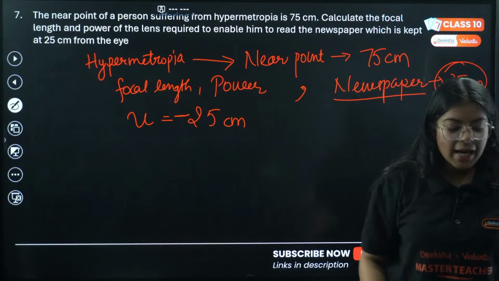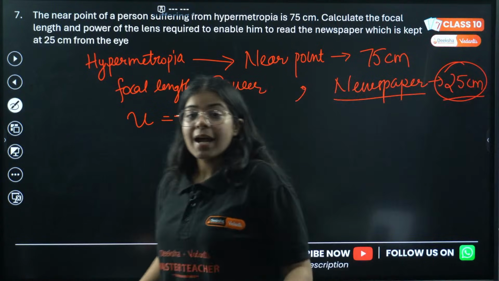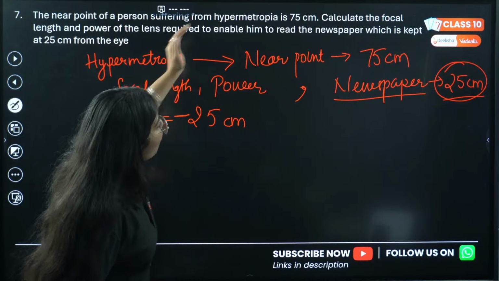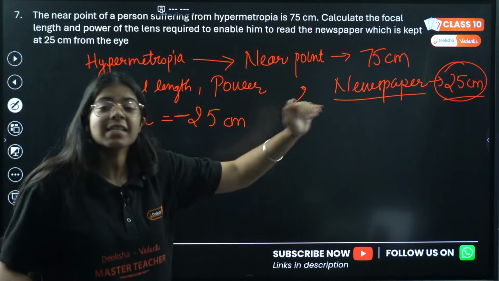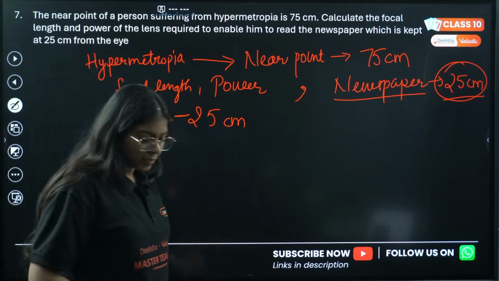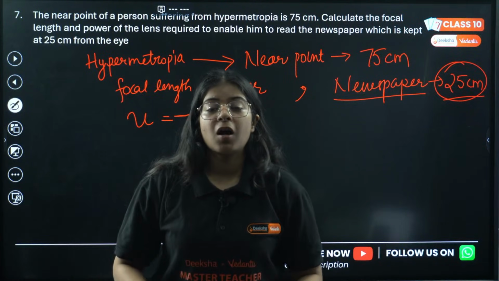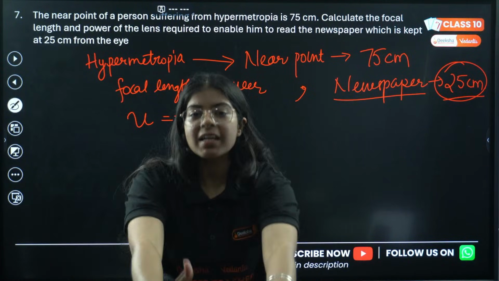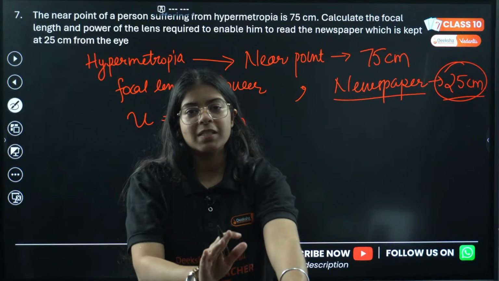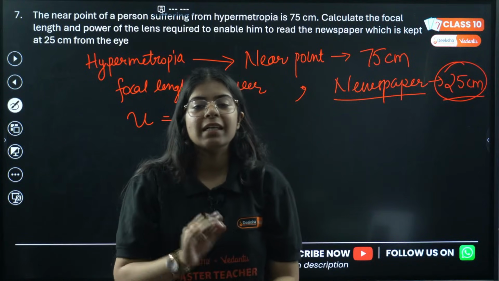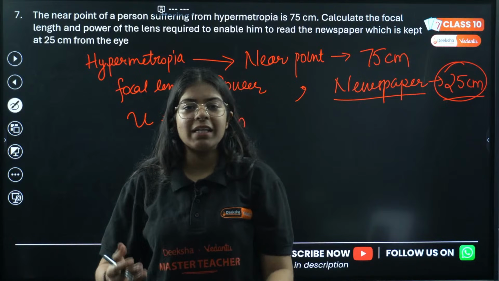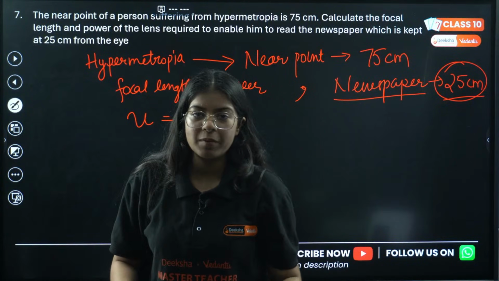Then they are saying that his near point is 75 centimeter. That means he can only see objects placed 75 centimeter away from his eye lens. If the object is at 70, 60, or 25, he won't be able to see that.